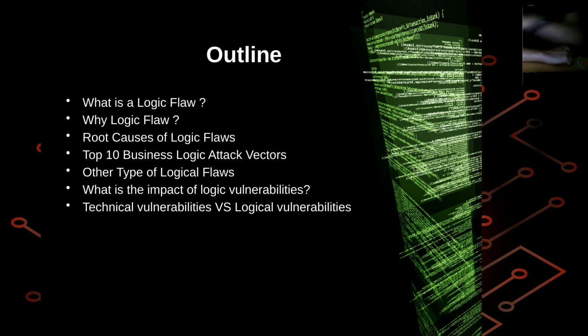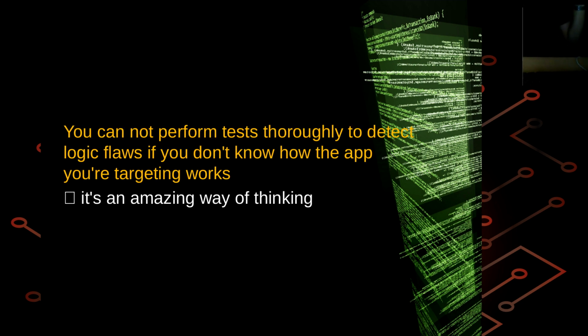And what is the impact of logical vulnerabilities, and what is the difference between technical vulnerabilities and logical vulnerabilities. As I told you previously, you cannot perform tests properly to detect logical flaws if you don't know how the app works. It is an amazing way of thinking.